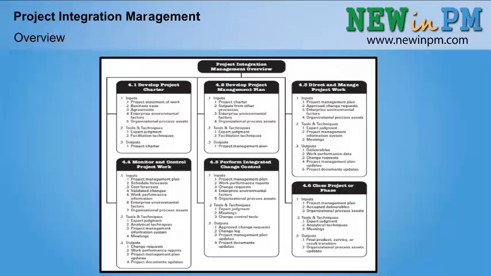Once everything is done, you need to perform an integrated change control. So what is change control here? It is quite possible that once you reach the place, there might be a change of plans. You might decide to cancel a particular place and give space to a new location.